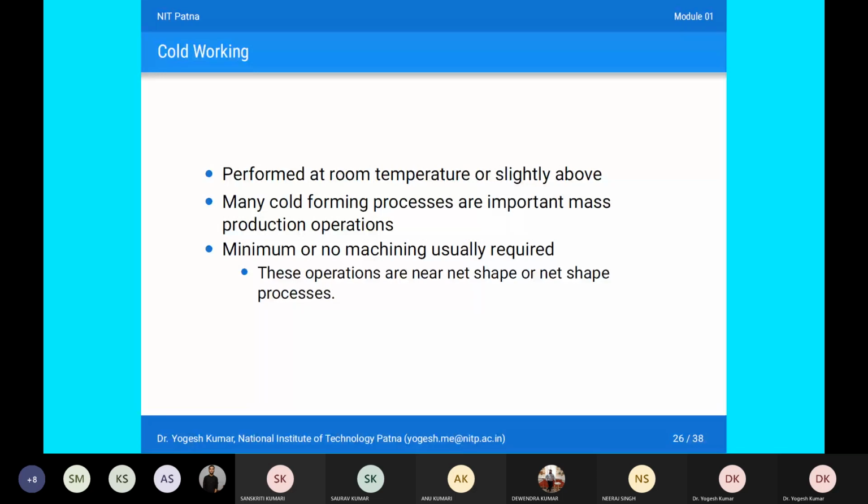Net shape means the shape which is exactly desired in the process. So these processes are either net shape or near net shape. If it is near net shape, then you may require some further machining, but it is not that much. A very small amount of material removal is needed in the case of cold working processes.